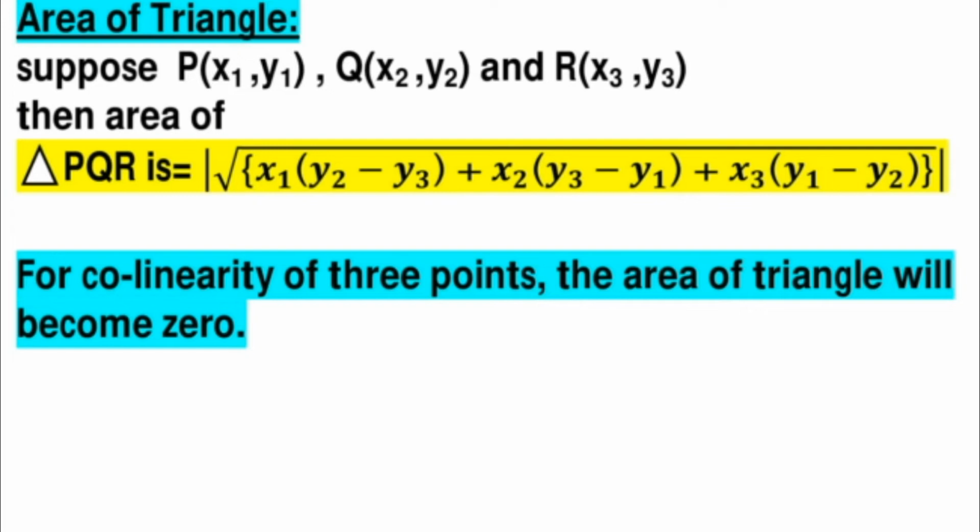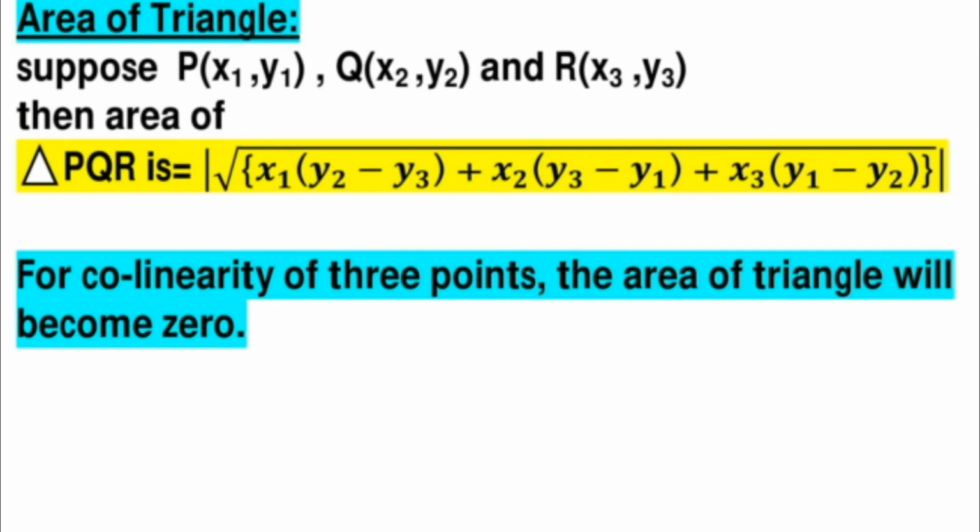So to prove 3 points are collinear, we calculate the area of the triangle formed by these 3 points, and if the area is 0, that is if the area vanishes, then the points lie on the same line, that is, they are collinear.